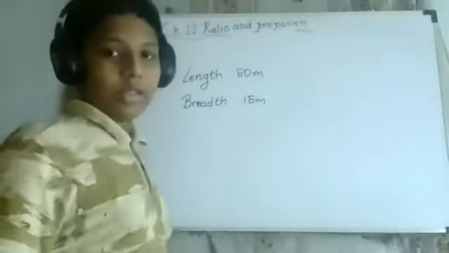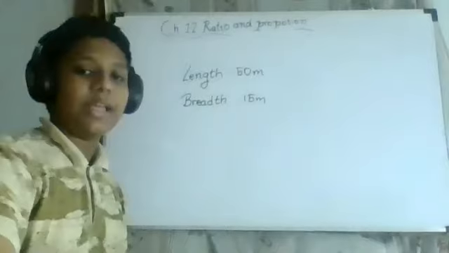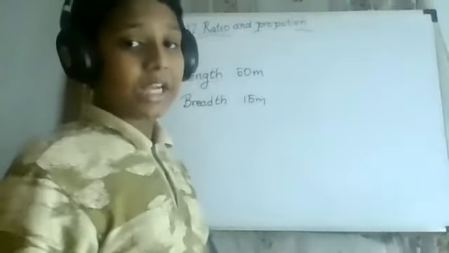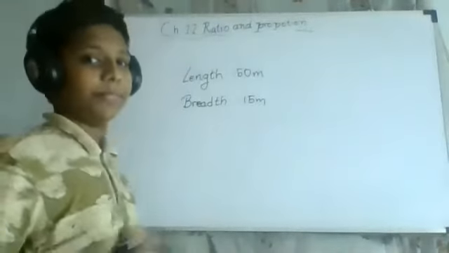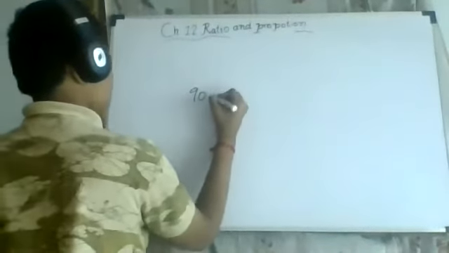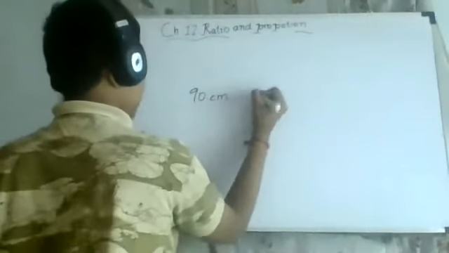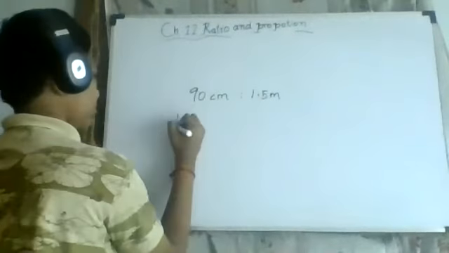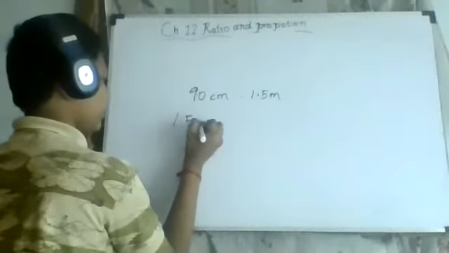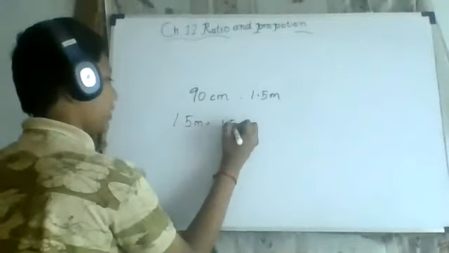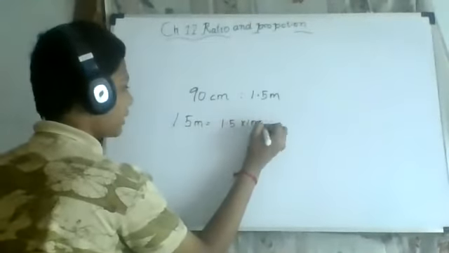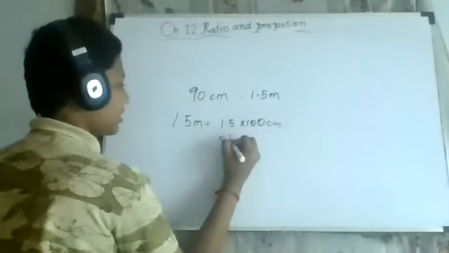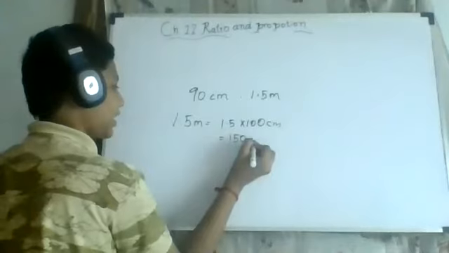Now, the next question. Find the ratio of 90 centimeters to 1.5 meters. So convert 1.5 meters into centimeters. 1.5 meters equal to 1.5 into 100 centimeters, that is equal to 150 centimeters.